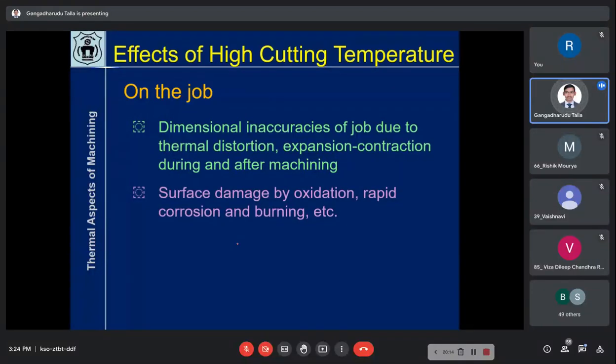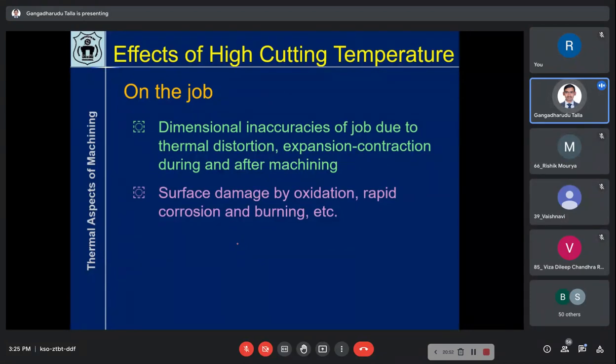Now, surface damage by oxidation, rapid corrosion, burning, etc. The machined surface will also be damaged due to oxidation. Oxidation tendency will be high once the temperature is high, and corrosion will also increase with the temperature. The surrounding air and the chemicals present in the environment will react with the surface of the machined area, and it may be corroded.